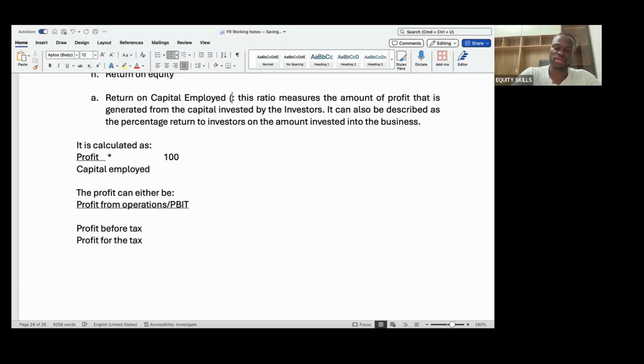When you're computing ROCE and you're using profit from operations as your profits, your capital employed must be equity plus your long-term debt.